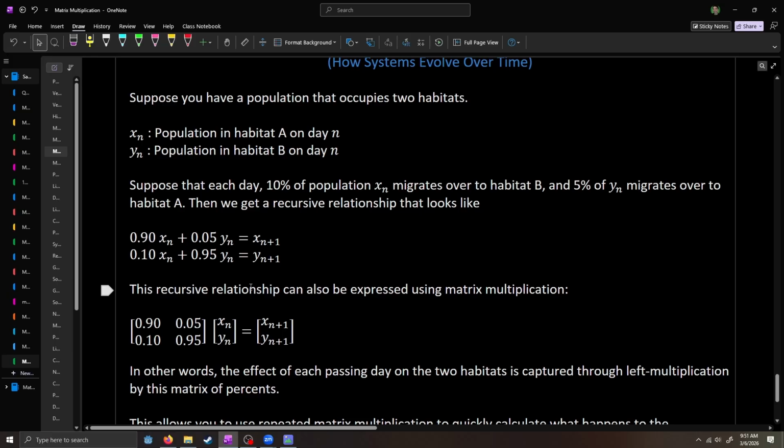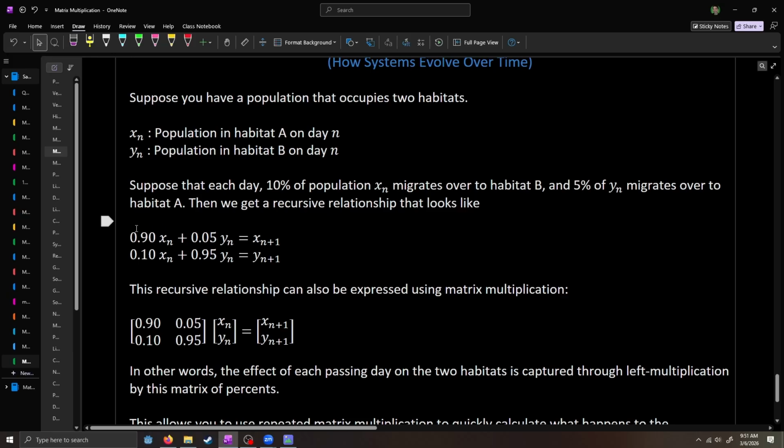So for example, if you start out with x sub n people in habitat A, and if you start out with y sub n people in habitat B, then what is going on the next day? The next day, Habitat A will retain 90% of its previous population.